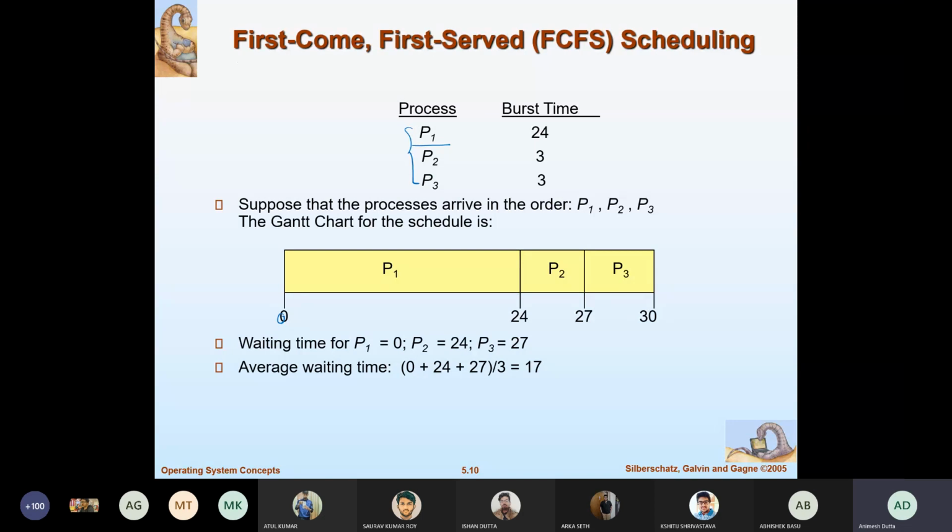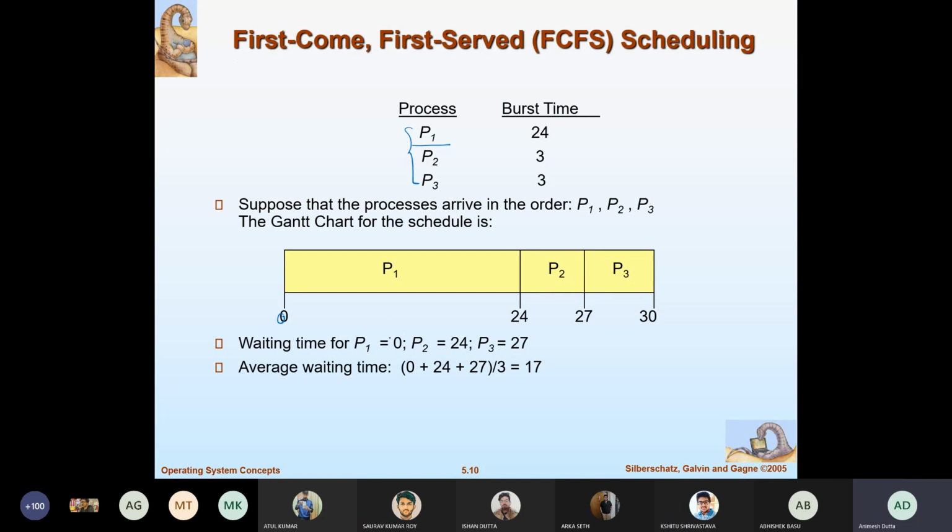We assume that all P1, P2, P3 come in the ready queue at the same time. So how much time was P1 waiting before it was sent? Zero, because the moment P1 comes in the system, immediately it has been sent to the CPU for execution.